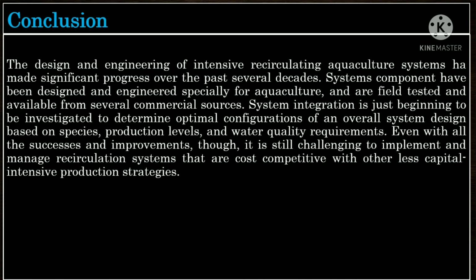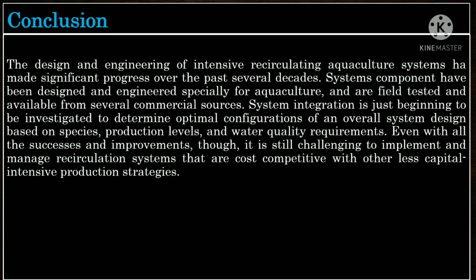So as the conclusion, the design and engineering of intensive recirculating aquaculture systems has made significant progress over the past several decades. The system components have been designed and engineered especially for aquaculture, and are field tested and available from several commercial sources.